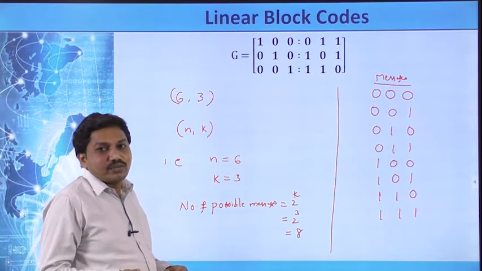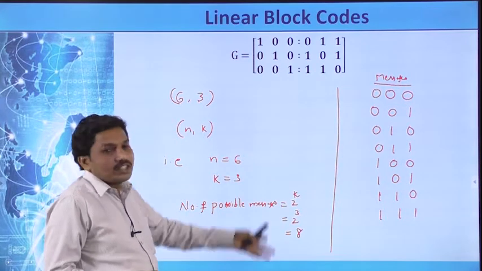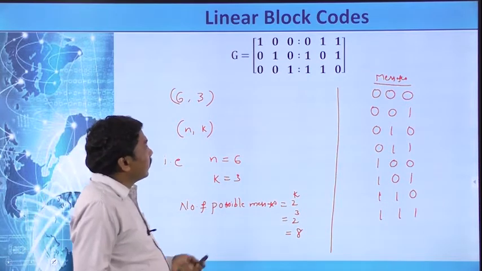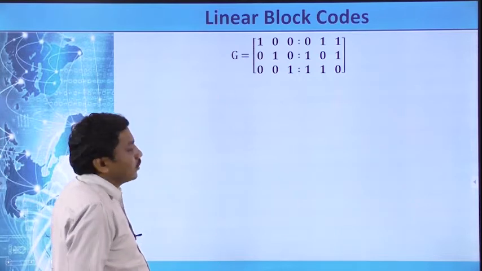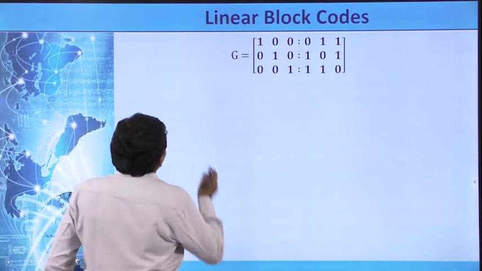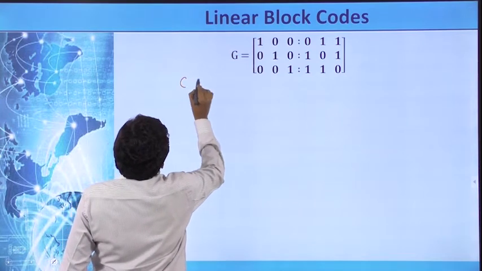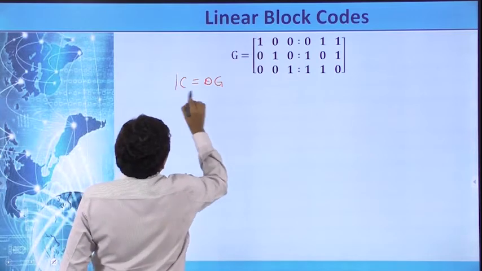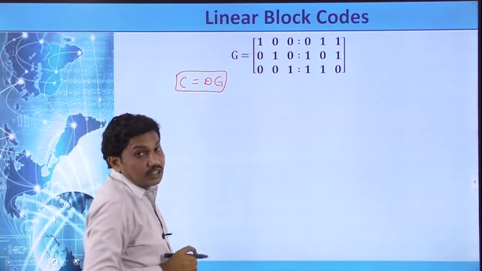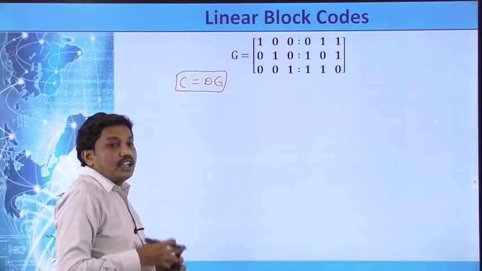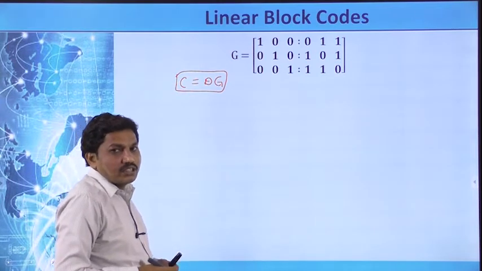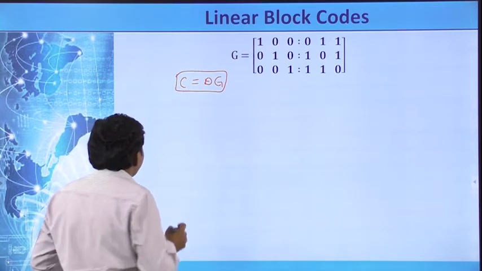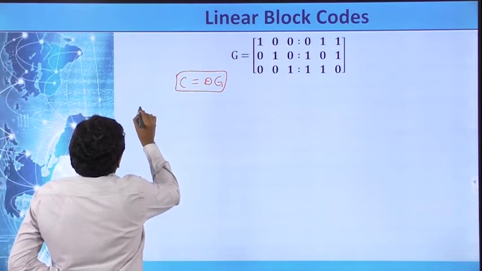Also 8, since for each of the 8 messages we want to calculate the code word. How to calculate the code word? The formula is C equals DG, where C is the code word, D means the message bits or data bits, and G means the generator matrix. So we will solve one by one. First one.